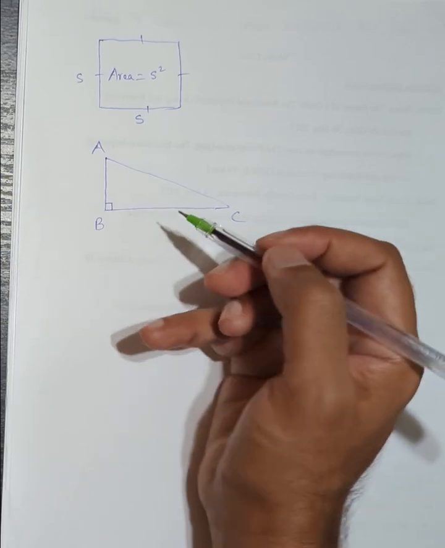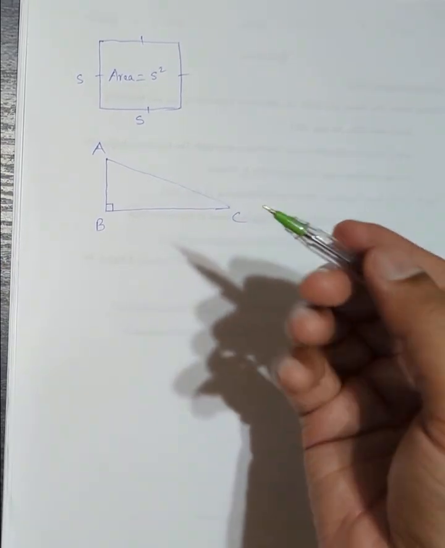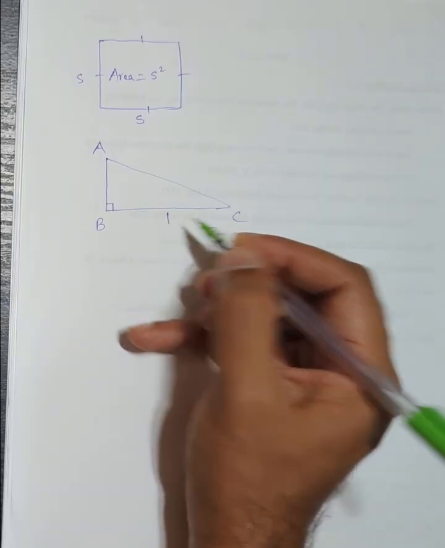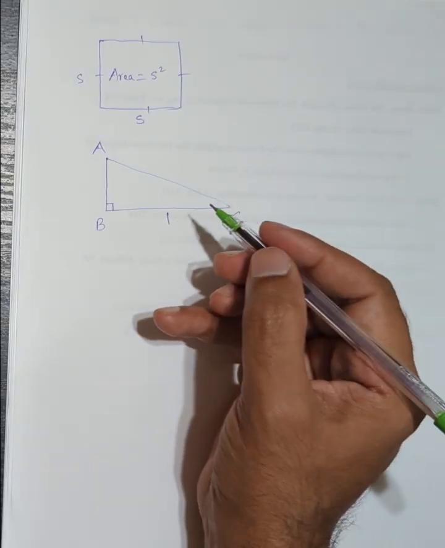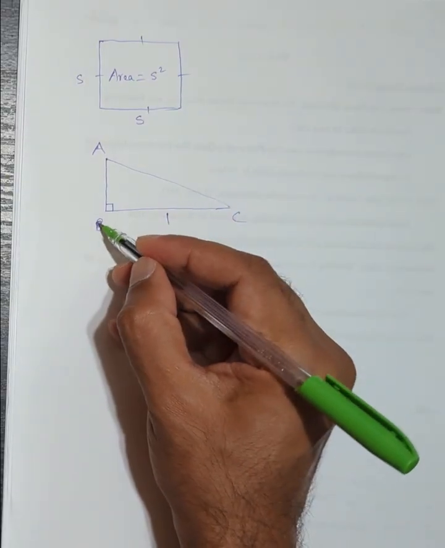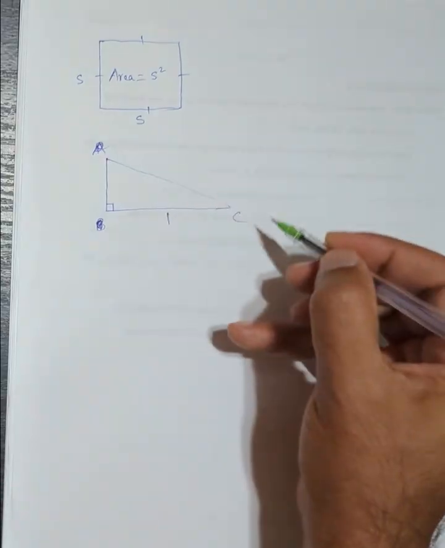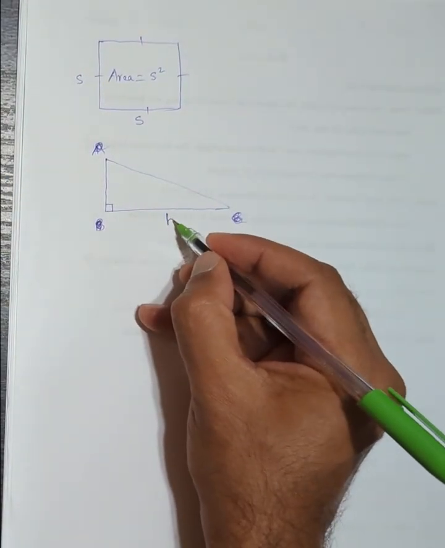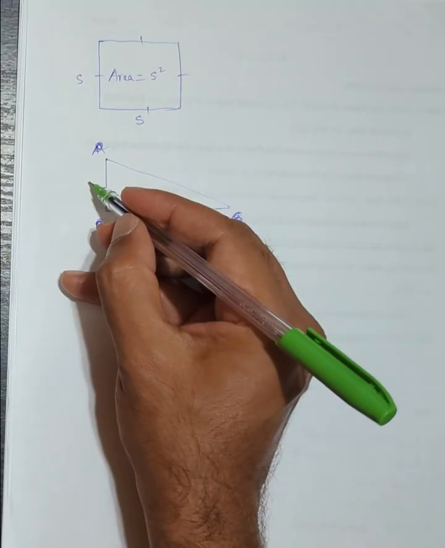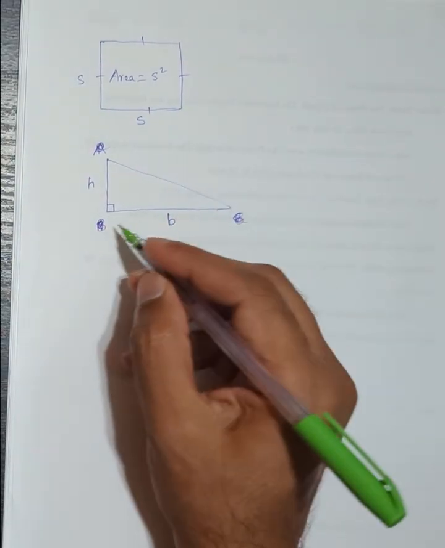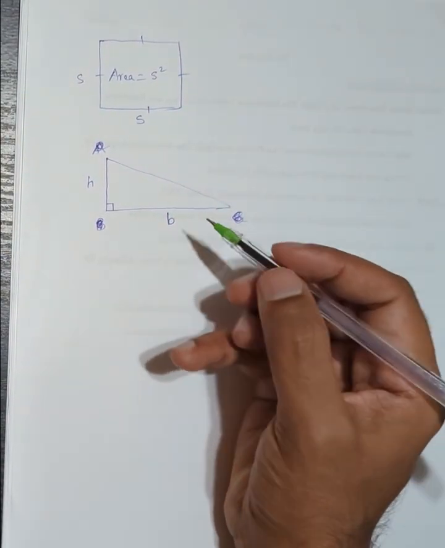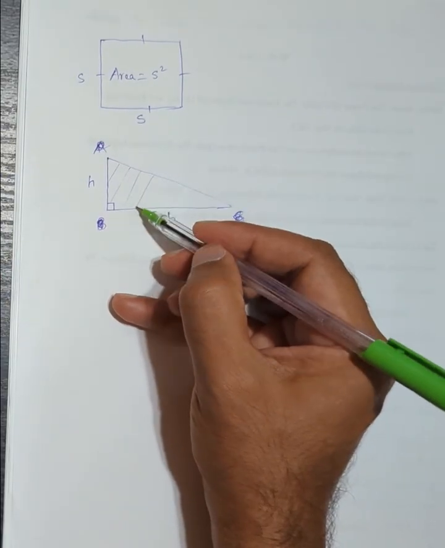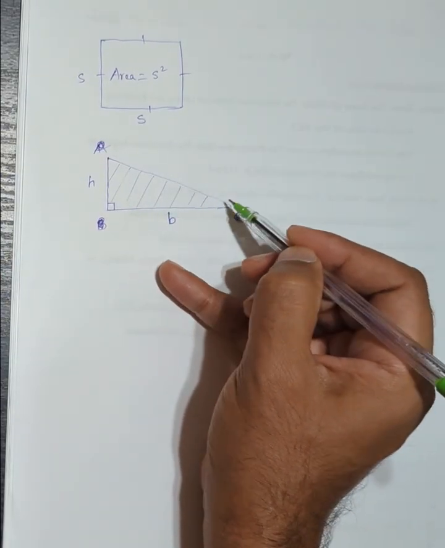And instead of length and width, we use these letters for a triangle. Actually, let me not label these vertices. So let's just say that this is B and this is H. B for base and H for height. So I'm interested in knowing how much room I have inside this triangle.